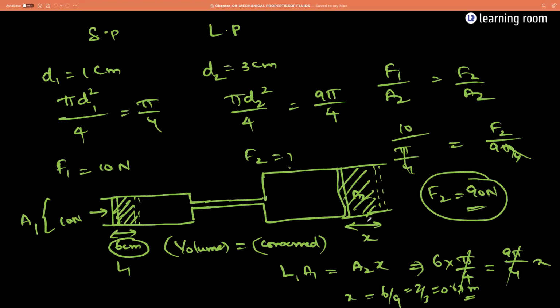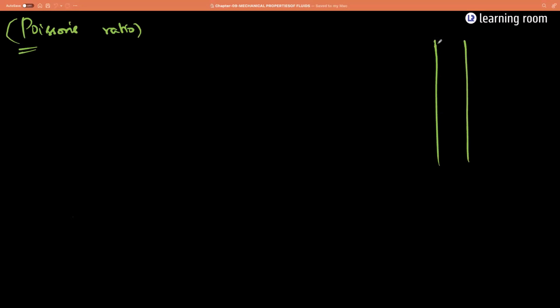See, there was one concept left out from the previous chapter, which is called Poisson's ratio, but I'll explain now. The logic is very simple. When we discussed the longitudinal stress, when you have a wire, the wire has a cross-sectional area, right?